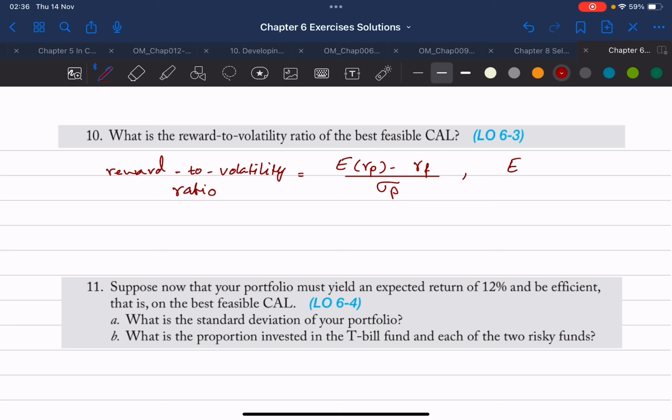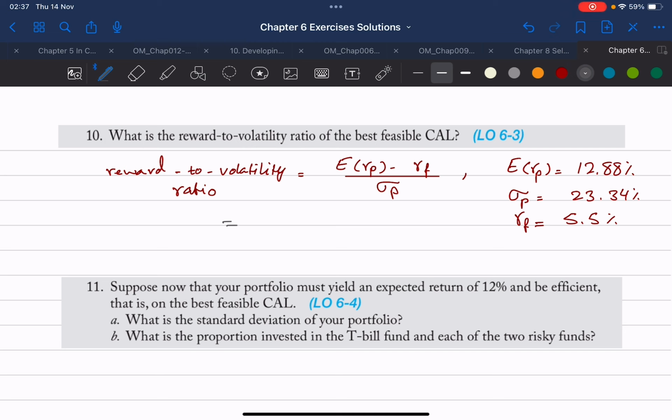The expected return on the portfolio, which is the complete portfolio, is 12.88%, and the standard deviation on the portfolio is 23.34%, and the risk-free rate, as you might remember from the previous video, is 5.5%.